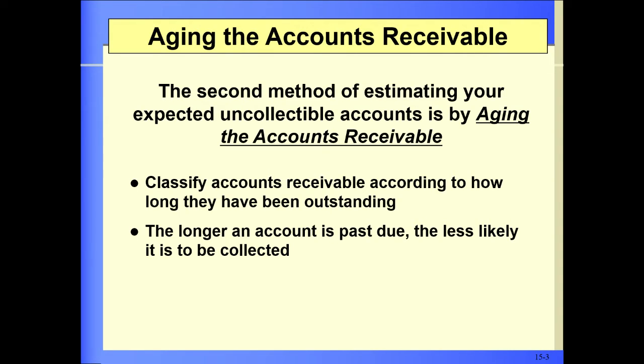One of the things that businesses know is that the longer an account has not been paid, the higher the chance that they're not going to be able to collect that money. So when you're making your estimate for the uncollectible accounts expense and the amount that you're going to put into what's called allowance for doubtful accounts, you're going to look at it based on these classifications.